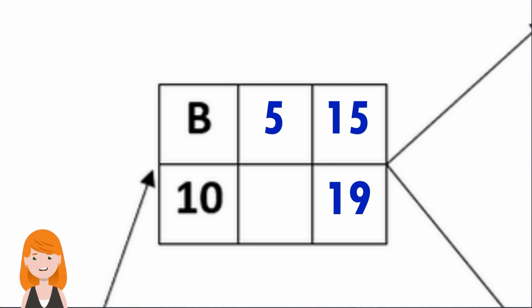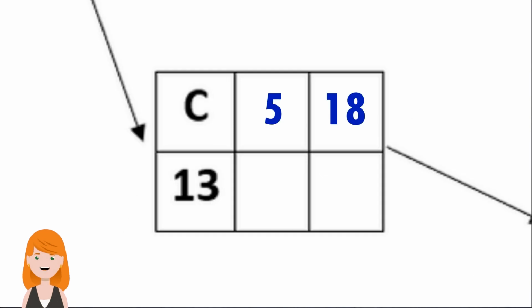So, the latest finish time for B will be 19, and its latest start will be 9. C has one successor, F. So, the latest finish time for C will be 18, and the latest start time will be 5.